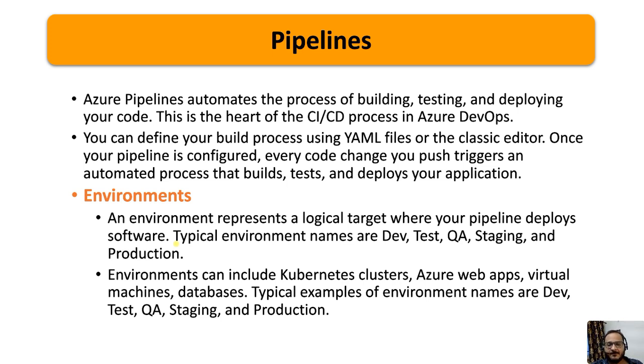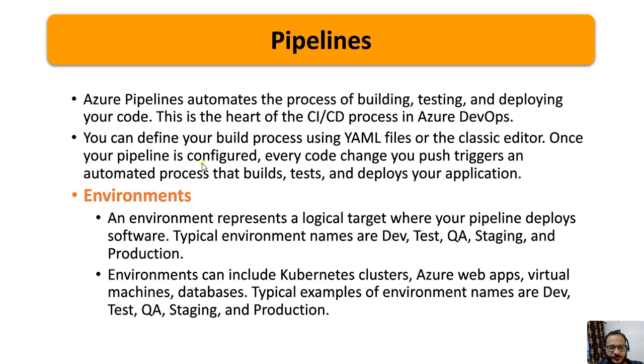Similarly, with the help of environments, we will use these tags dev, test, and it will be easy to track that on the dev environment we did this many builds, on test we did this many builds. So it is easy to identify how many builds or deployments we did as part of each environment. It basically groups all the builds and deployments under these tags.